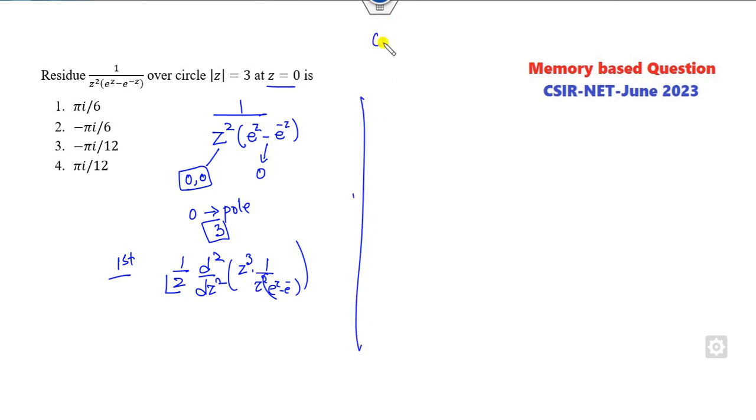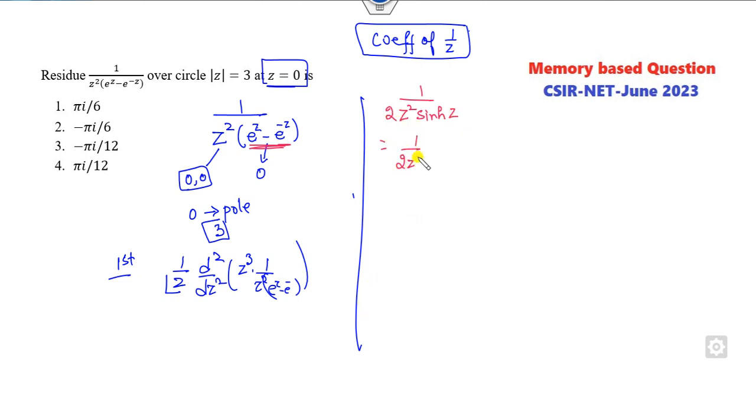So the other method is, you can check the coefficient of 1 by z, because we take z raised to power 0. So I can write this function like this. I can write this as sine hyperbolic z into 2. Fine. So now that's very simple. What is the sine hyperbolic series? z plus z cube over 3 factorial, z raised to power 5 over 5 factorial, and so on.